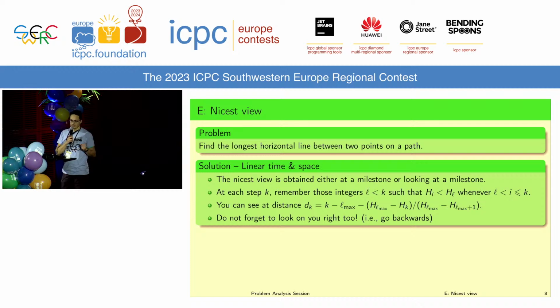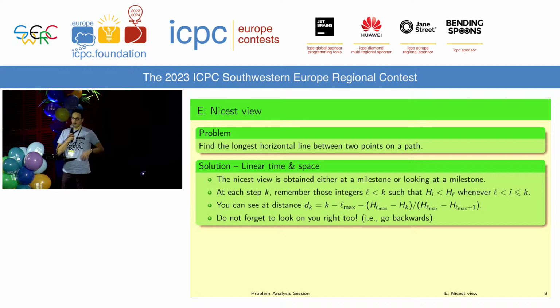At each milestone, you have to remember the previous milestones that are higher than this one and that you can still see. So it's a stack of decreasing milestones. It's a pretty standard thing with stacks.